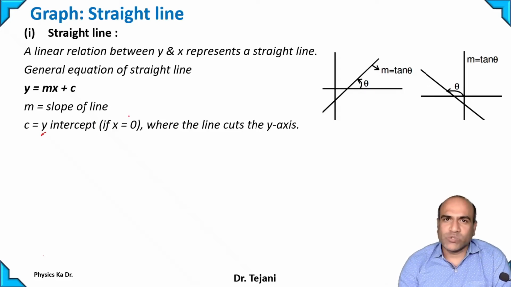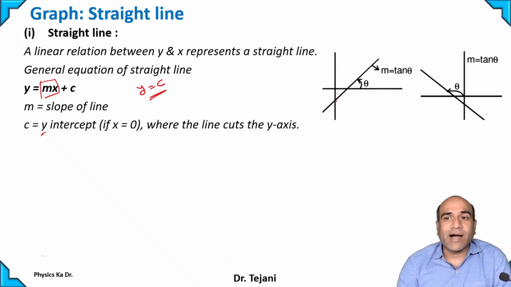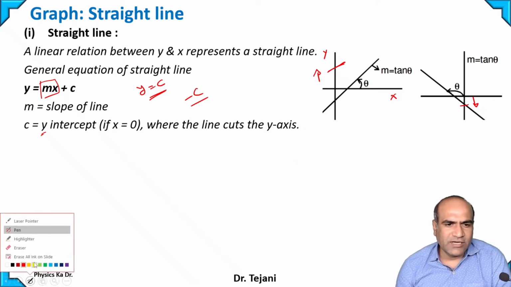See, when x is equal to 0, that term is 0, so y becomes c. y is equal to c, and it shows that the graph passes through the point c. So this is the y intercept where the line cuts the y axis. If c is positive, it cuts above the x line. This is x and that is y. And if c is negative, that means it cuts below the x line. That you have to understand in detail.